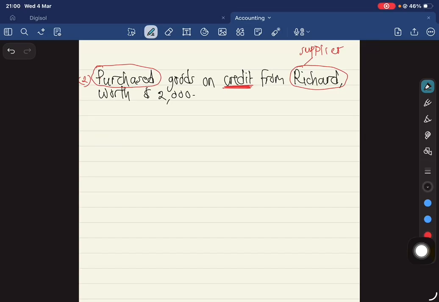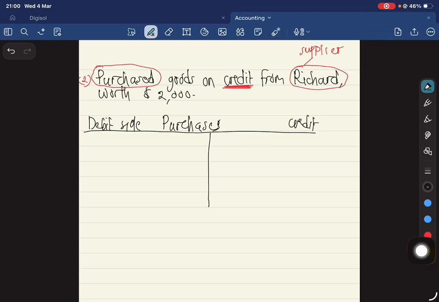So now let's draw the T account for purchases. As we know, the left side of the T account is the debit side, and the right side of the T account is the credit side. Now let's state the rules.